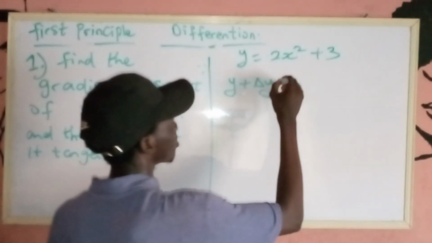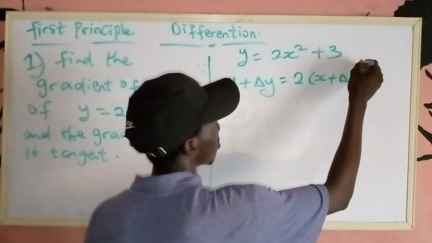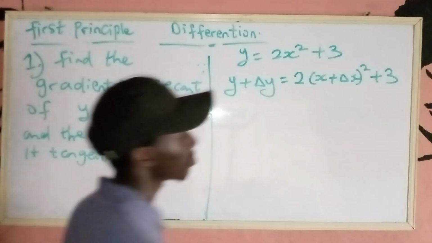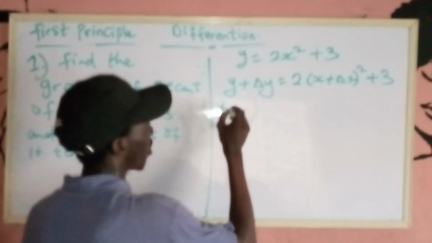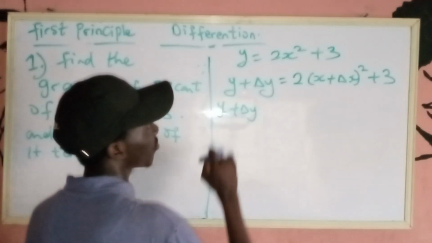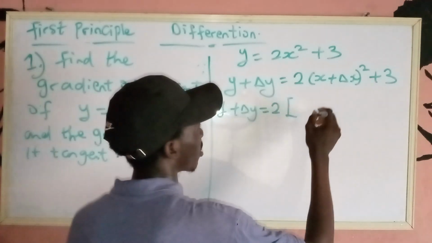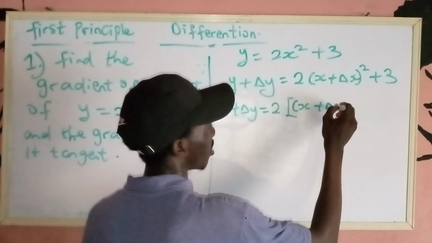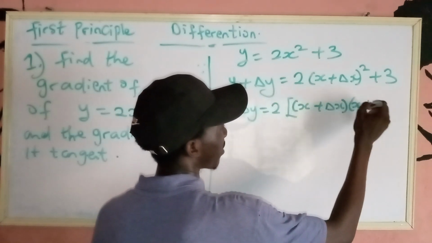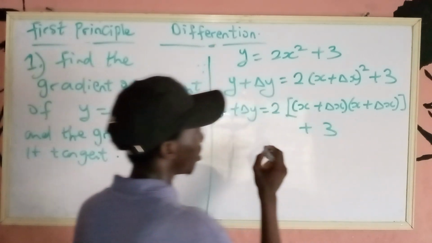And anywhere you see your x, it becomes x plus change in x. Can you see? So then y plus change in y equals 2 times, and we can expand this as x plus change in x multiplied by x plus change in x, plus 3.